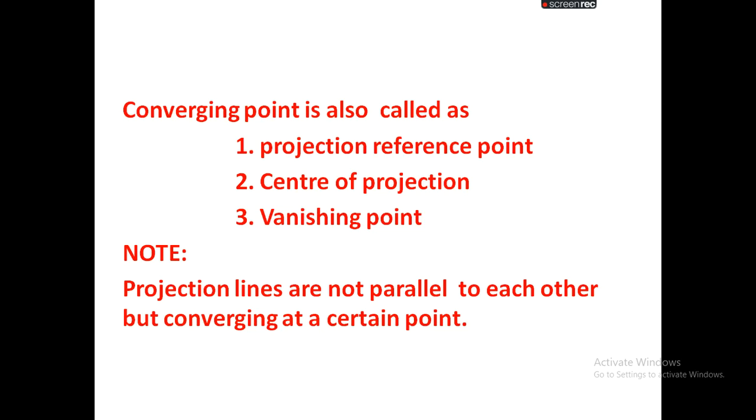As you can see, the projection lines are not parallel to each other but converge at a certain point, meaning they meet at that point. This is one concept of perspective projection.